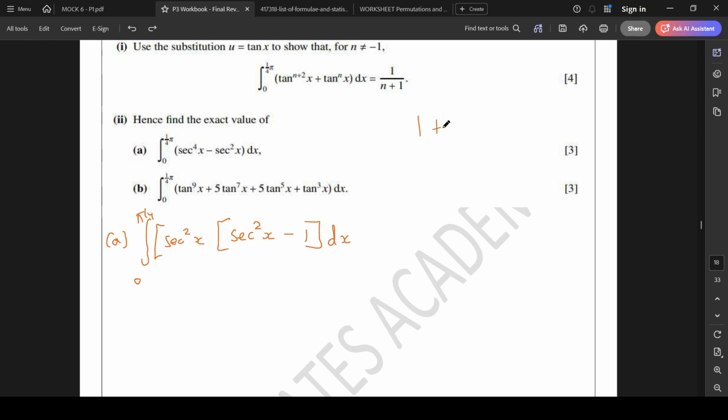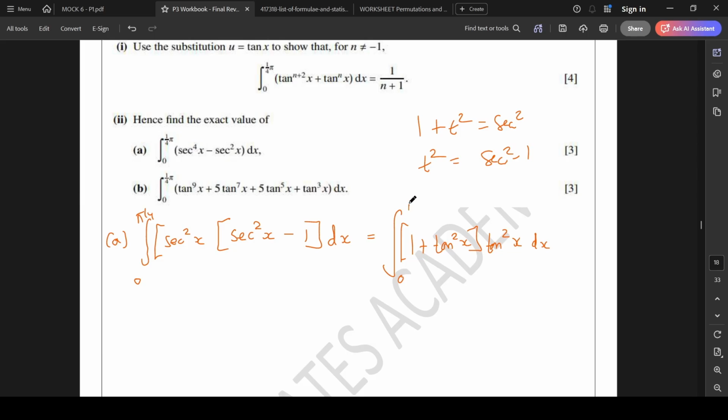Now I know that 1 plus tan square is equal to sec square. So tan square is simply equal to sec square minus 1. So this is my tan square x. I know that. And what about this sec square x? I can write this as 1 plus tan square x. So this is same as writing integration of 1 plus tan square x multiplied by tan square x dx.